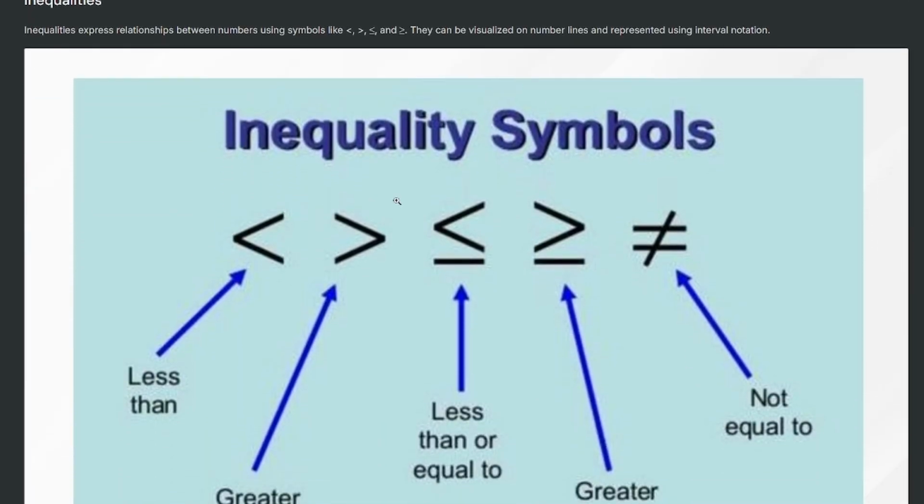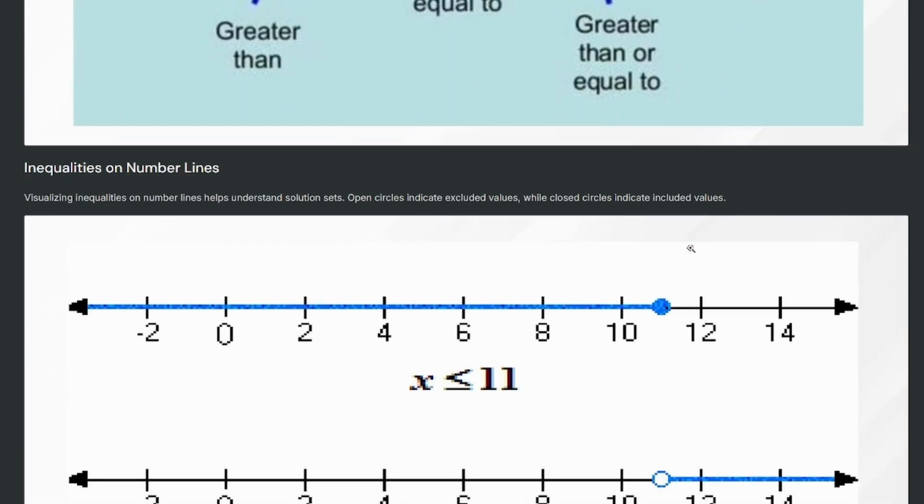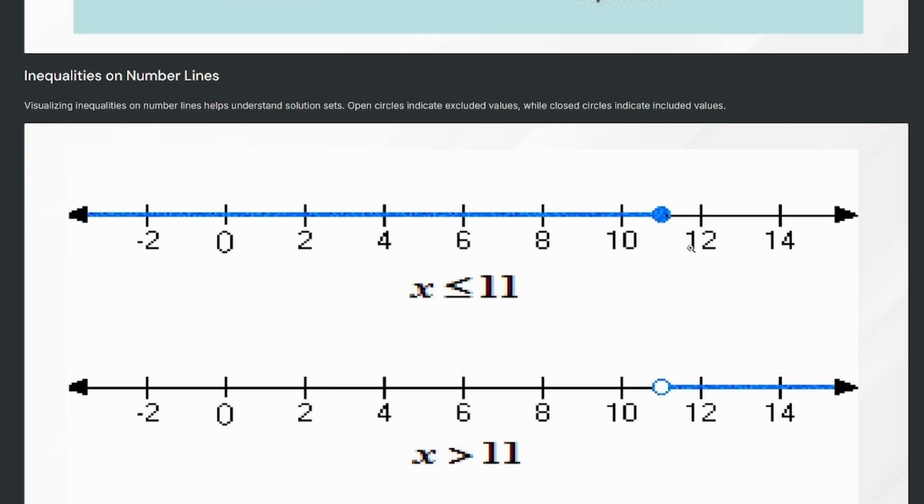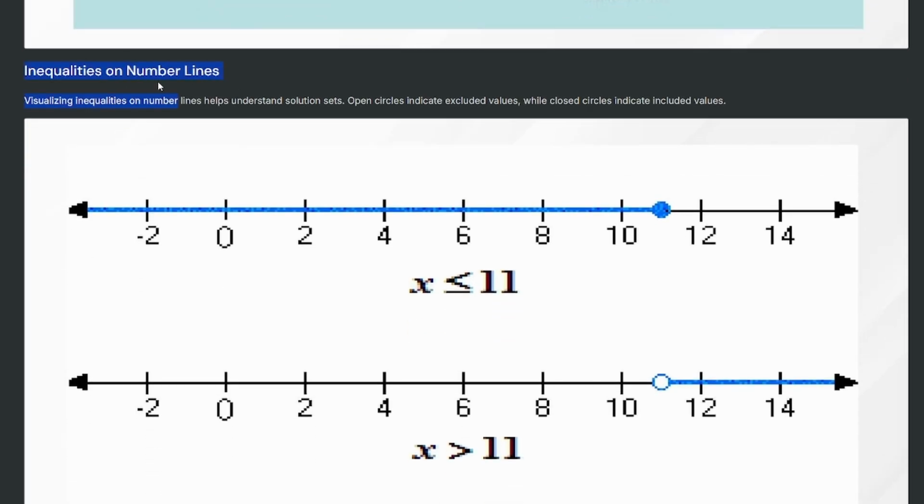Okay, let's talk about inequalities. This is less than, greater than, less than or equal to, greater than or equal to, or this is not equal to. Inequalities on a number line. How can you represent x is less than or equal to 11? Here, less than 11 means towards negative infinity, so we write like this, directing towards negative infinity.